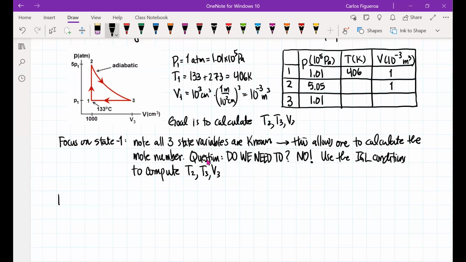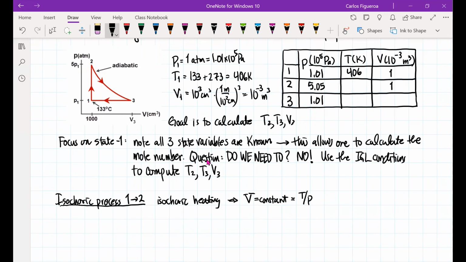So looking at the isochoric process 1 to 2, what that tells me is that I'm getting isochoric heating. And so the volume, which is a constant, is proportional to the temperature and pressure ratio.